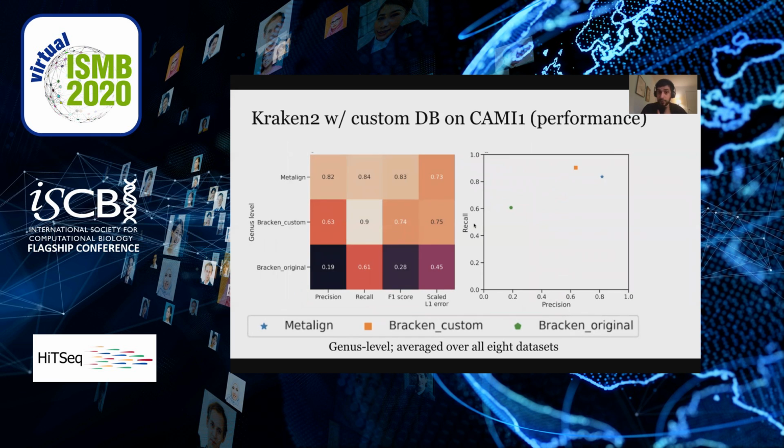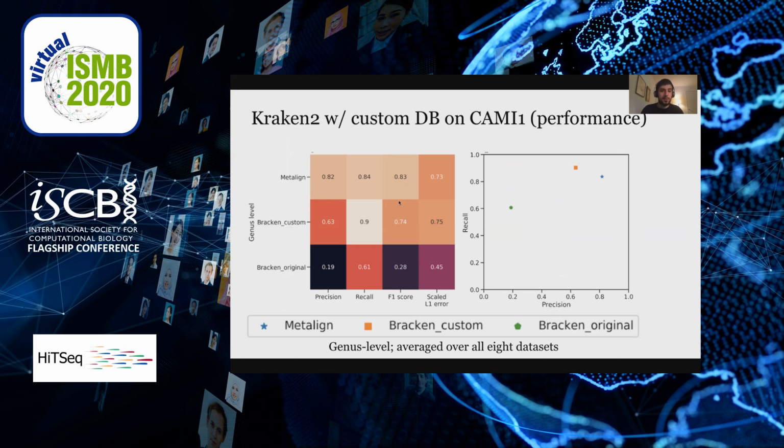And then finally, another question you could have is basically, is Metalign just doing well because it has a really comprehensive reference database? So I mentioned this issue of being able to retrain with custom reference databases. Kraken 2 makes this really easy. So we retrained it on our very comprehensive reference database. Long story short, this did dramatically improve the precision and F1 score from the original database to the new one.